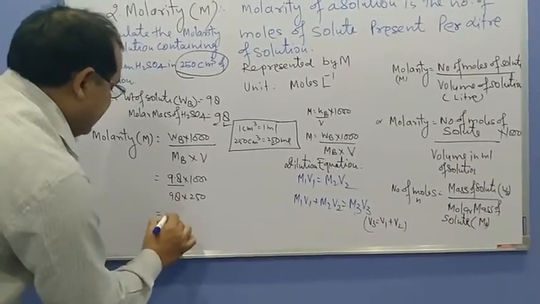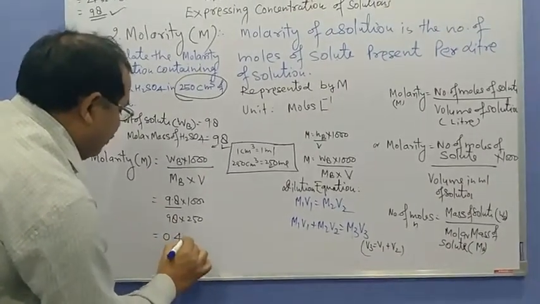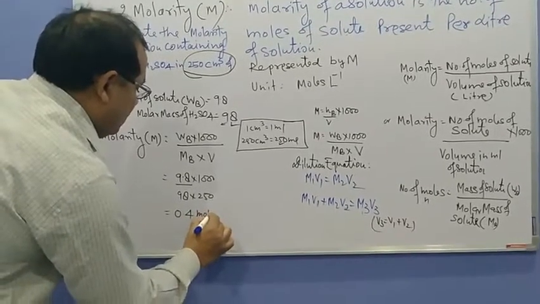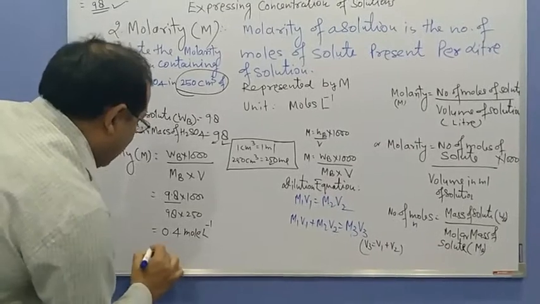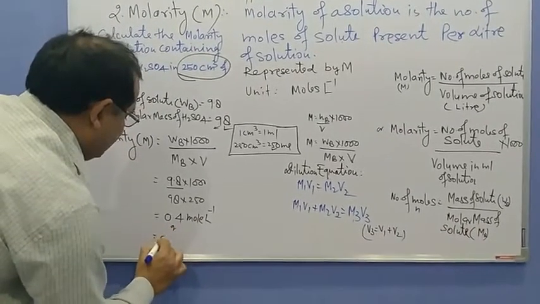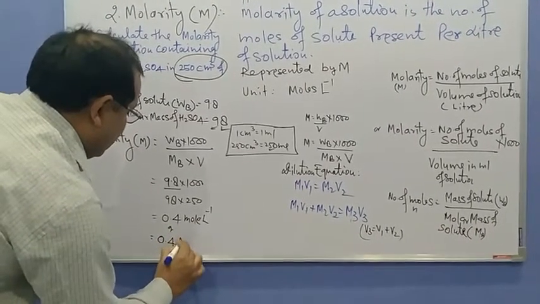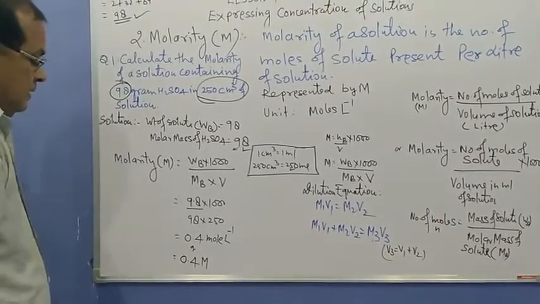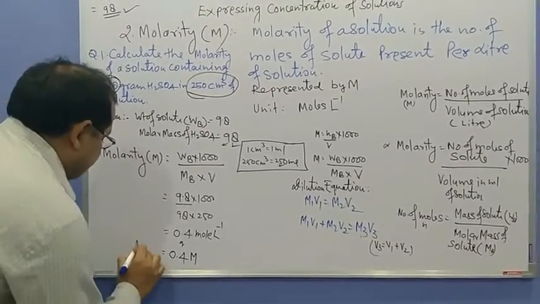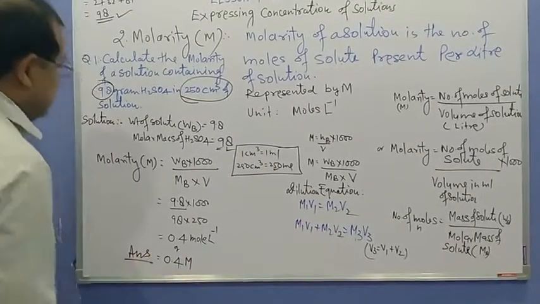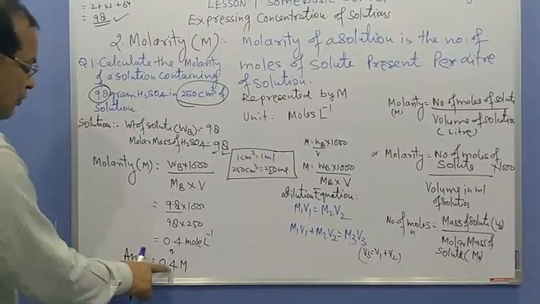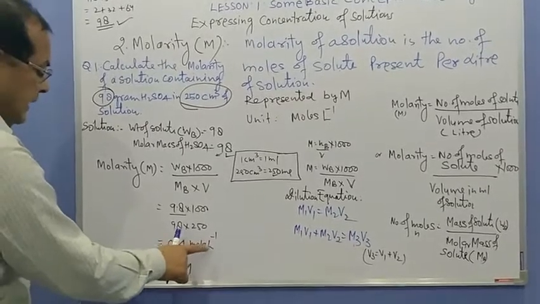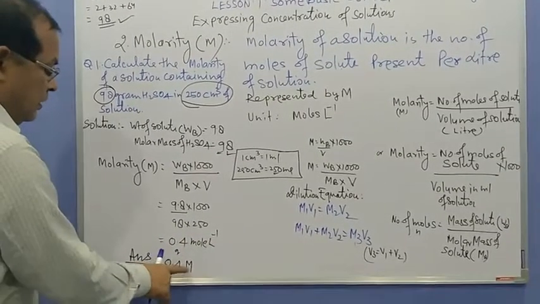Solve it, that will be equal to 0.4 mole per liter or 0.4 capital M. That will be your answer. Means molarity will be equal to 0.4 mole per liter or 0.4 capital M.